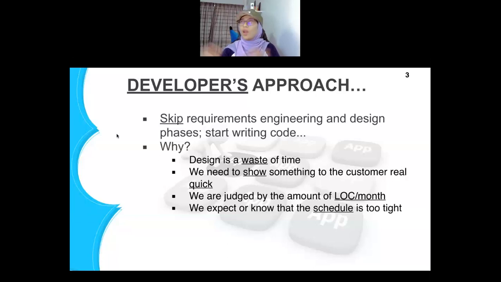That's why we have a lot of systems, but most of them have not been used by users. Why? Because they skip the important parts, the planning and the design, and directly develop. And not only because of the money, LOC, lines of code, is talking about the financial side, and the last one is that the schedule is tight. You are given 6 months, so you think you have a tight schedule.